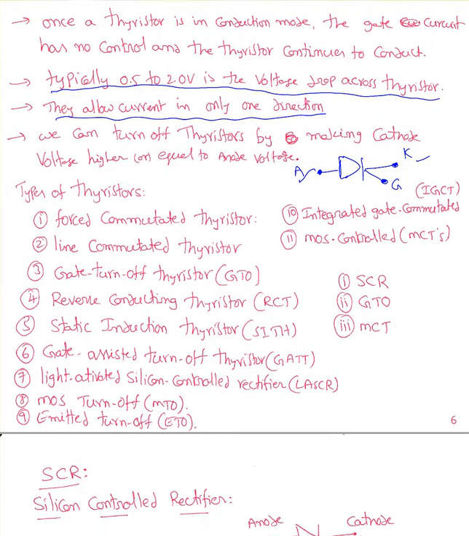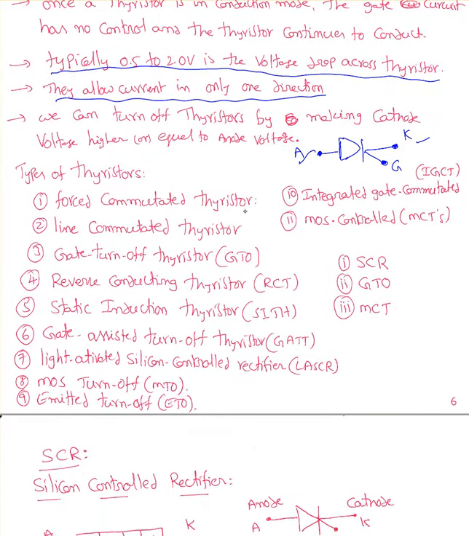There are different types of thyristors: forced commutated, line commutated, gate turn-off, reverse conducting thyristor, static induction thyristor, gate assisted turn-off thyristor, light activated silicon controlled rectifier, MOS turn-off, emitter turn-off, integrated gate commutated, and MOS controlled.